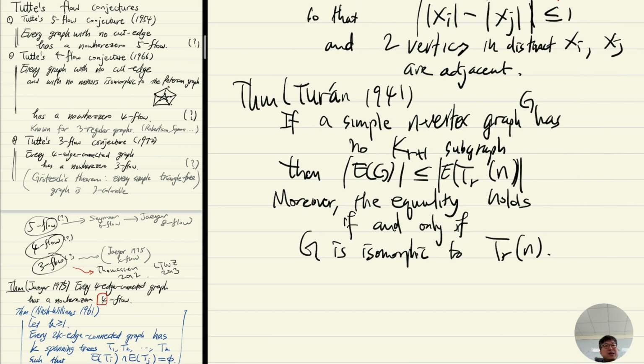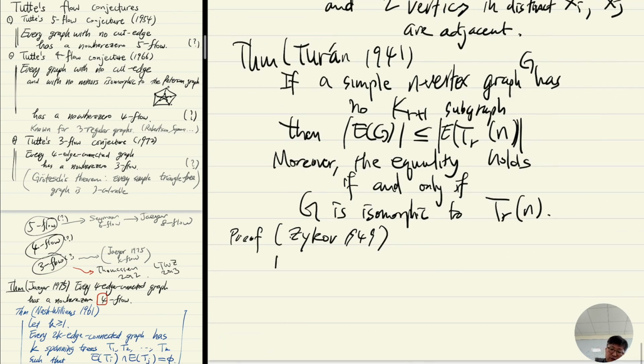And there are many proofs known for Turan's theorem. Let me show you a simple proof by induction. This is due to Chekhov in 1949. So I will do the induction on n.